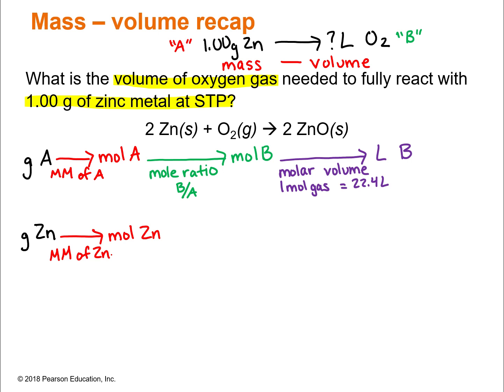We need the molar mass of zinc, which I'll write again. From there, we get to moles of oxygen gas. Our B this time is oxygen gas, and our A is zinc.